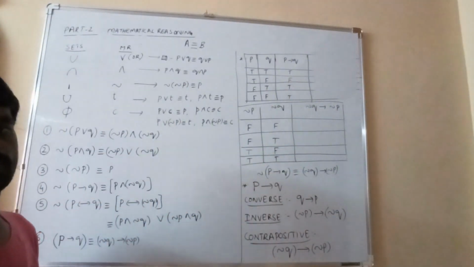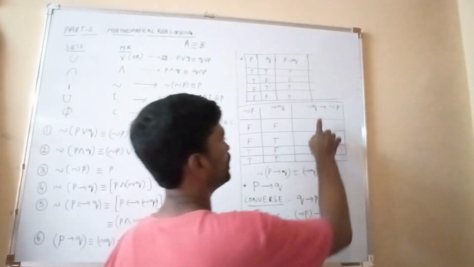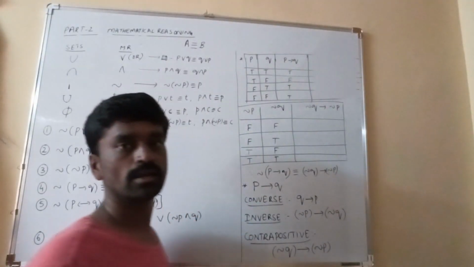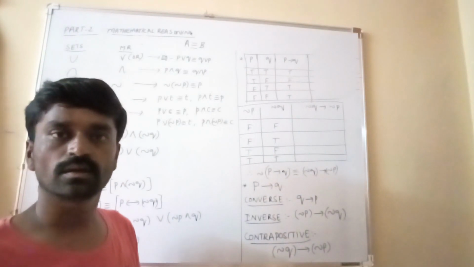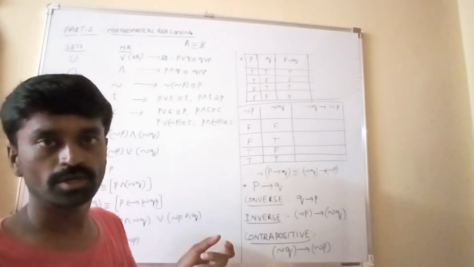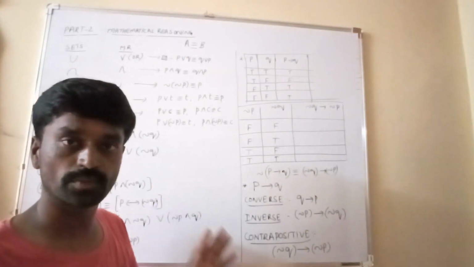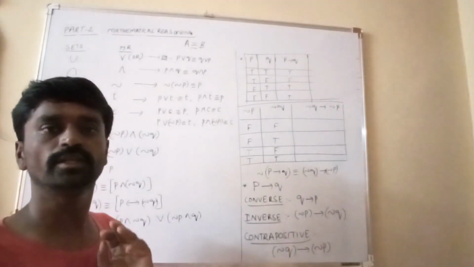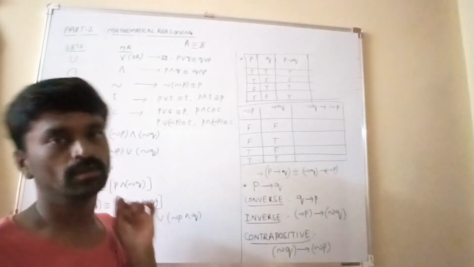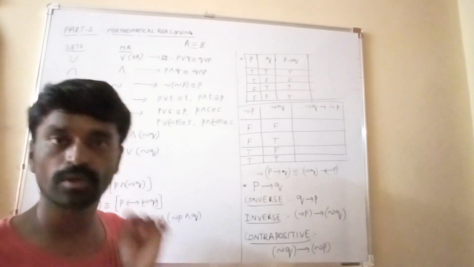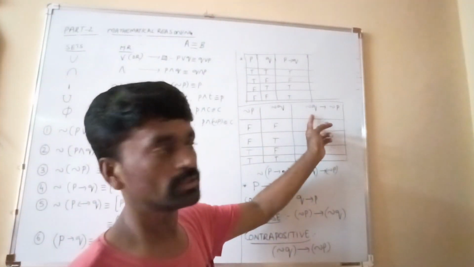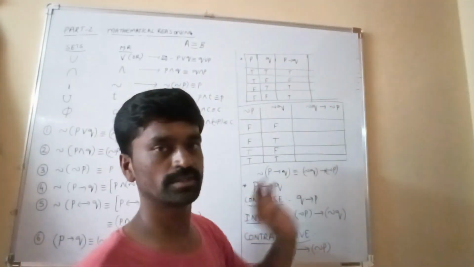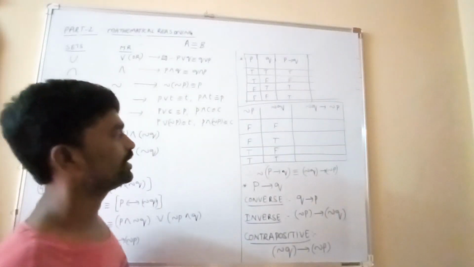Now negation Q implies negation P. Again, what is the logical connective? Implies. So what is the basic rule? First component true, second component false, then only false. Here the first component is negation Q and the second is negation P. So in which case are we getting true, false?